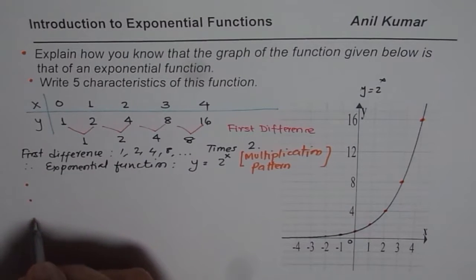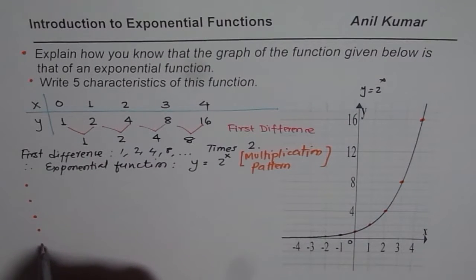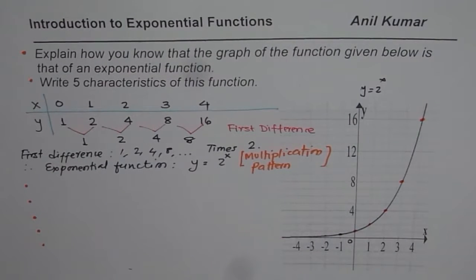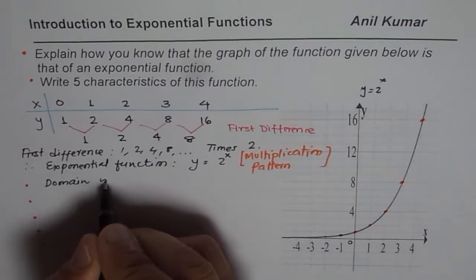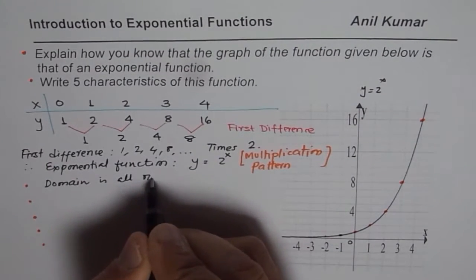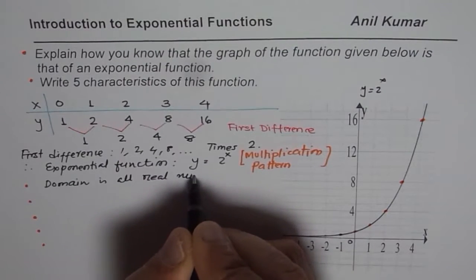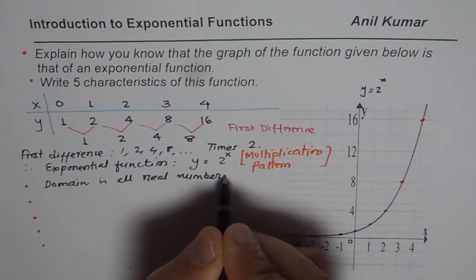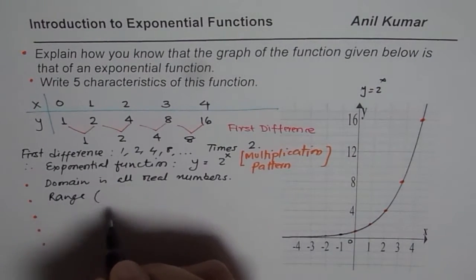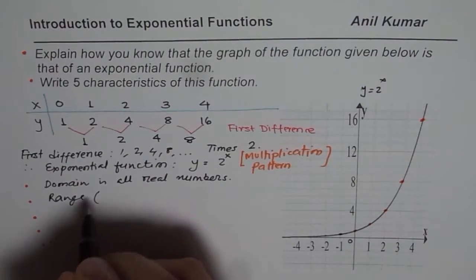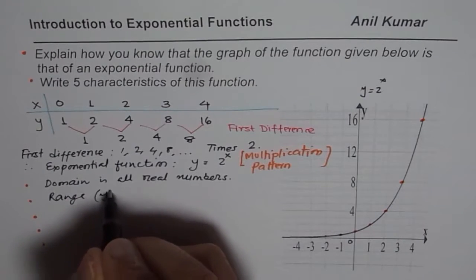So best characteristics are domain, range, intercepts, right? So these are good characteristics to begin with. So first is, we know domain is all real numbers. Right. As far as the range is concerned, let's say range is y values.